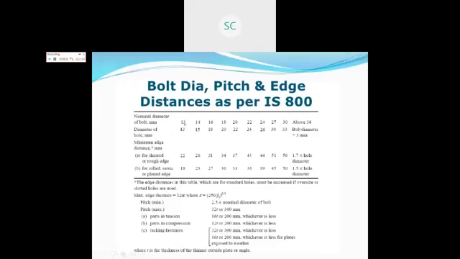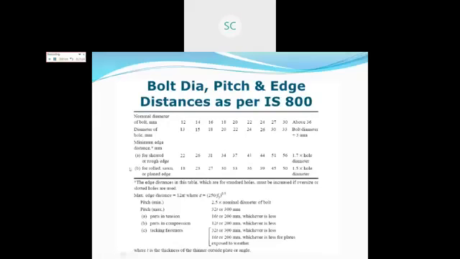For a lesser diameter, you have to provide one more size of hole: 12, 13, 14, 15, 16, 18, 18, 20, 20, 22, 22, 24, 24, 26, like this. If it is above 36, bolt diameter plus 3 mm. So you have to remember this, and this will be used for the design of bolted connection.